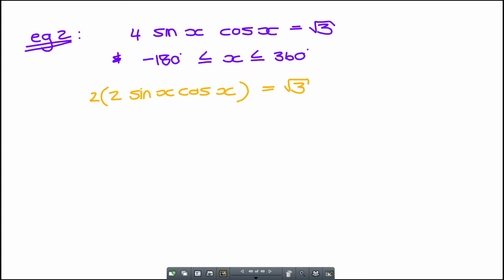Okay, good. So now that will be 2. And what is 2 sin x cos x? Good. Sin 2x. And now I can take that 2 over. So then I'm going to say sin 2x will be square root 3 over 2. Are you fine with that?